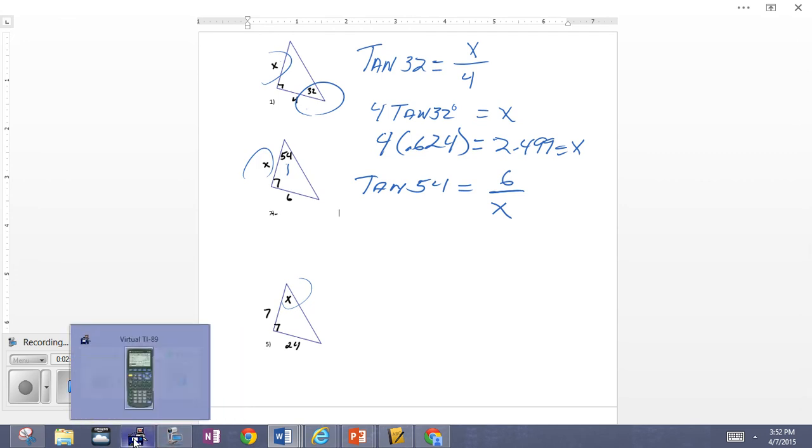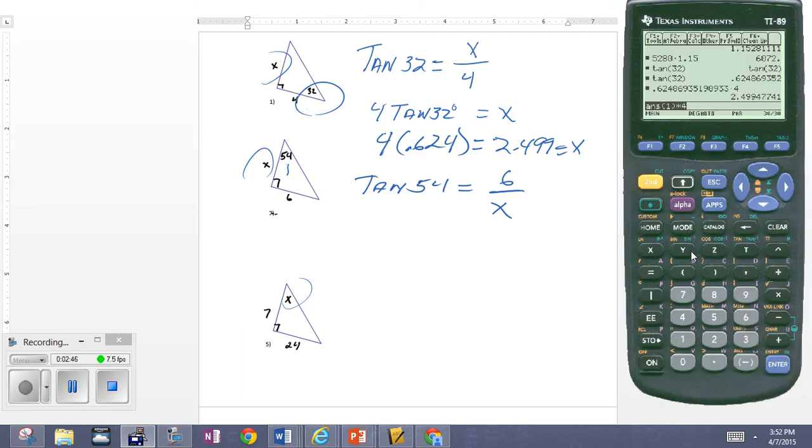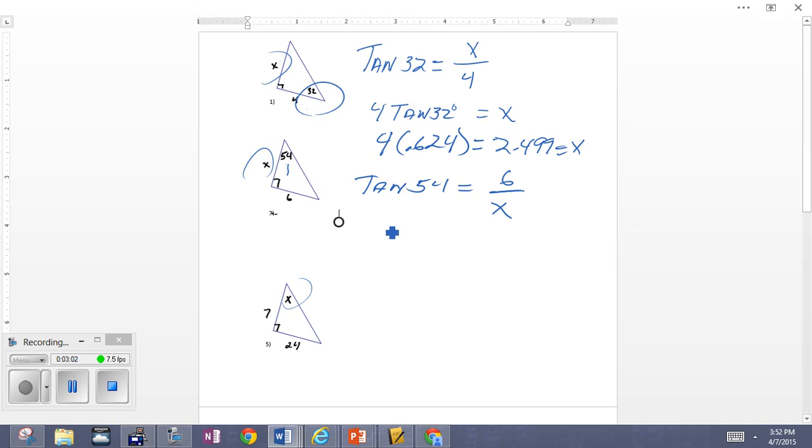Going to my calculator again, it tells me it's 1.376, so I have 1.376 is equal to 6 over x.